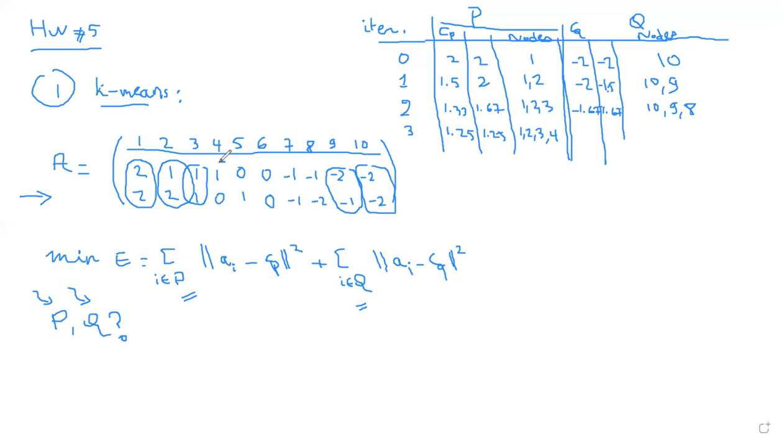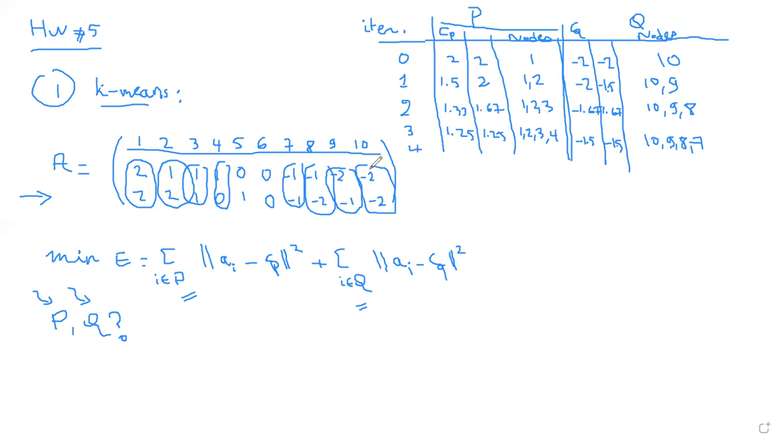You can sum up all the x's here, you have 5 divided by 4, and here also 5 divided by 4. And similarly, I'll do with the Q. So I have 10, 9, 8, 7, which is the closest to the centroid of Q. And I'll have this, so I'll have minus 1.5 and minus 1.5.